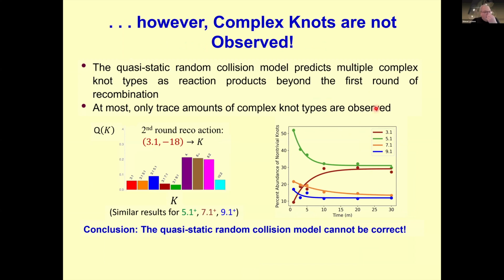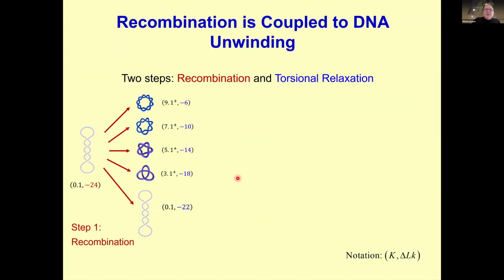So strictly speaking, this quasi-static random collision model can't be correct because of the relative absence of second round recombination products. And that's where we include some DNA supercoil relaxation activity.